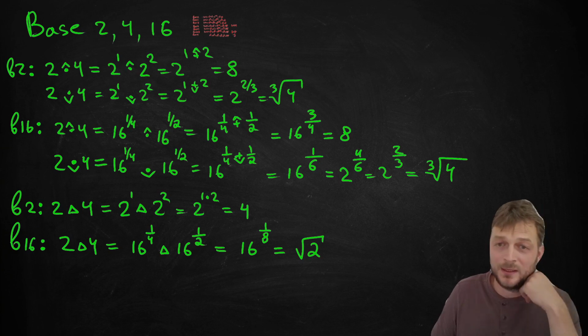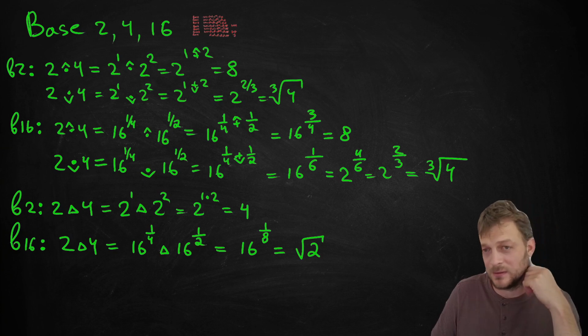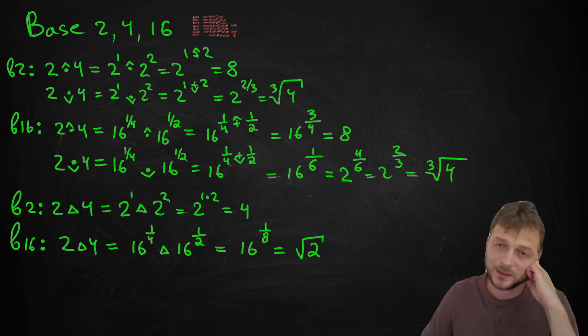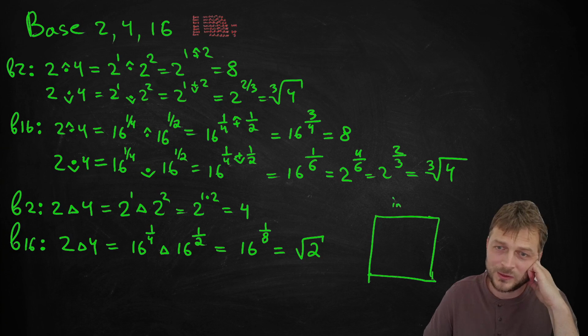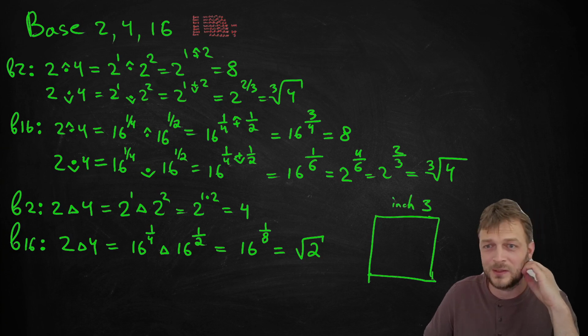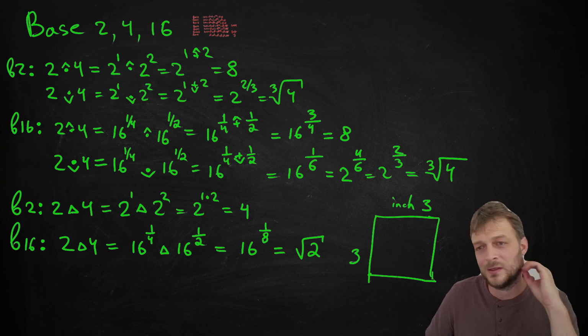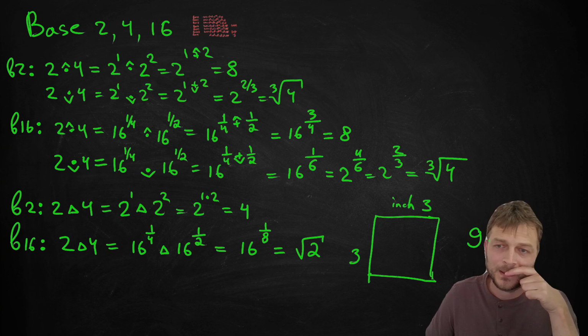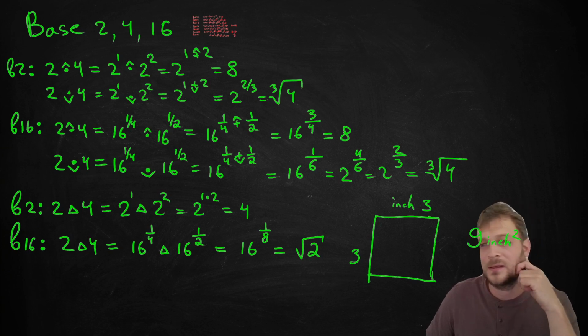From the other side, I think this is not strange, and this is the reincarnation of the fact that, let's say if we have a square and we measure it in inches, let's say it's 3 inches here and 3 inches here, its square will be 9 inches squared.